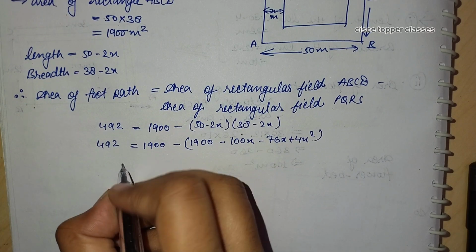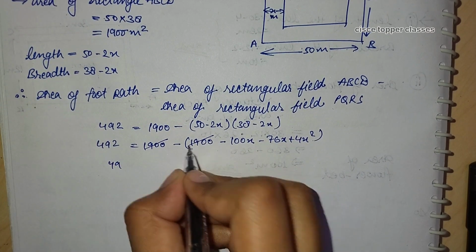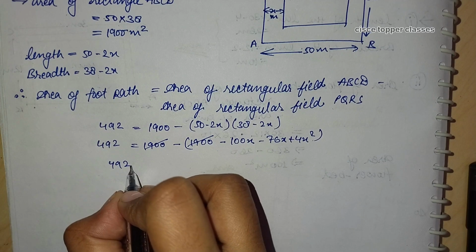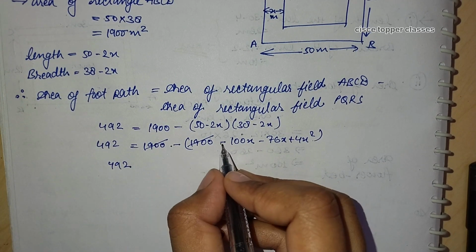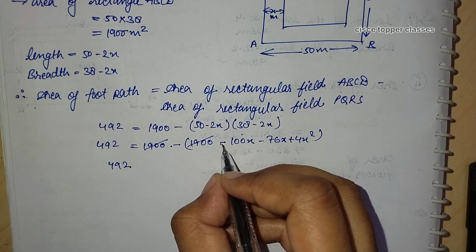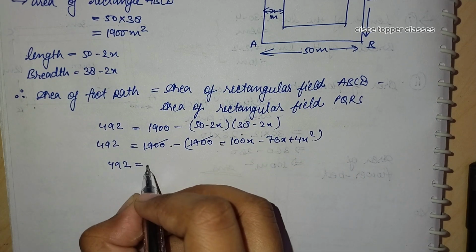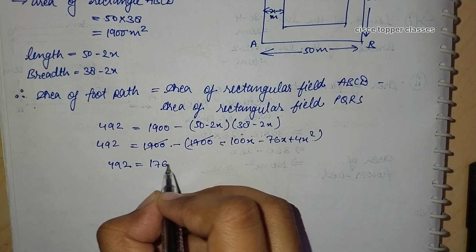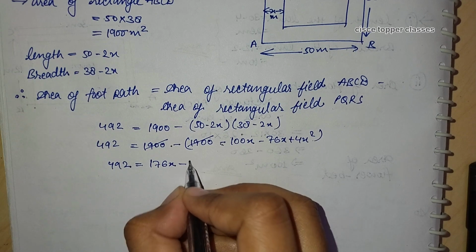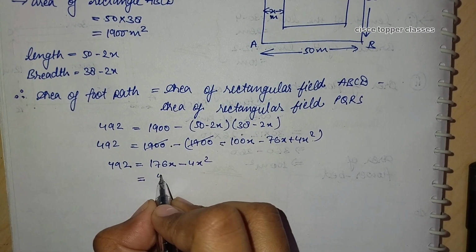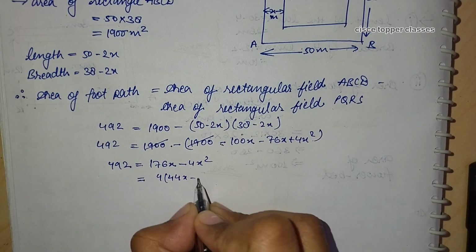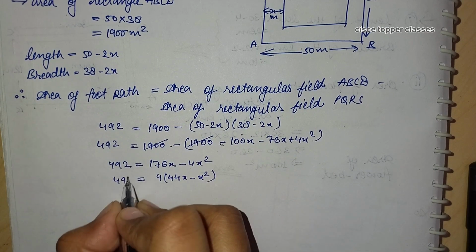So from here, 1900 will cancel out and it will be 492 equal to 100 plus 76, that is 176x minus 4x square. Means if we take 4 common, this will be 44x minus x square, and it will be 492.